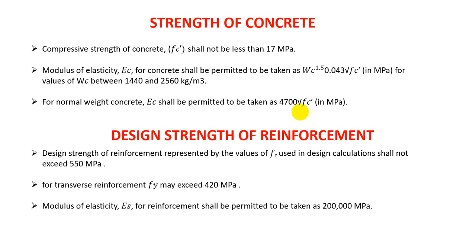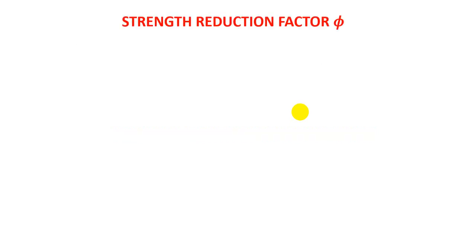Then modulus of elasticity: we all know that for reinforcement used as rebar in our building, its modulus of elasticity is almost 2 lakh megapascal. After that, the strength reduction factor.